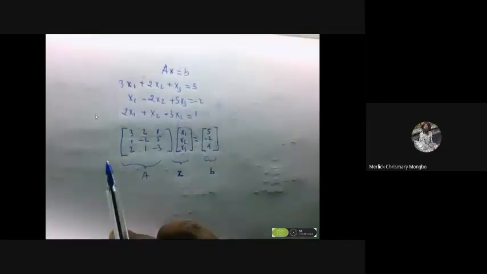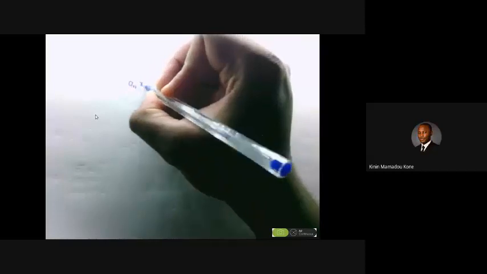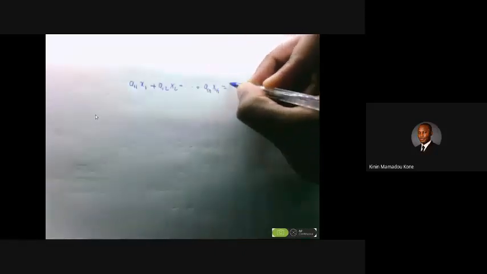Okay. So if we consider that we have an m by n linear system like this: a11 x1 plus a12 x2 plus up to a1n xn equals b1.